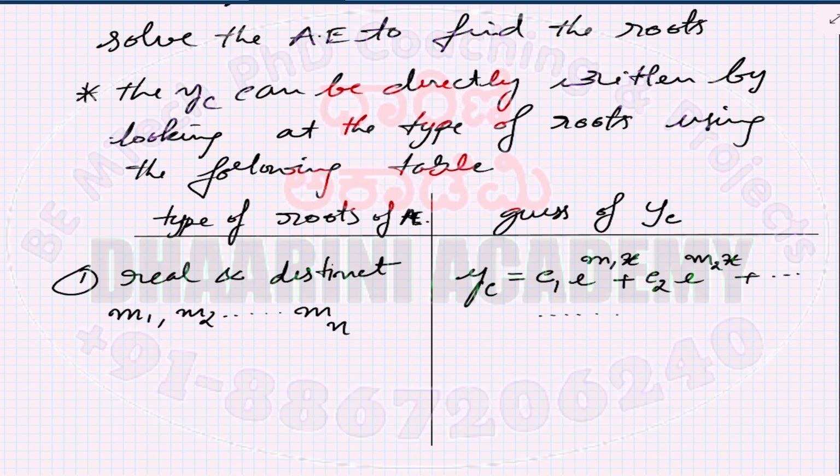I write all the roots, and finally I come to the last term, cn, the nth constant, some constant c1, c2, c3 like that, cn into e to the power mn x. So this will be the first category. That's the first case. All right, this is done.